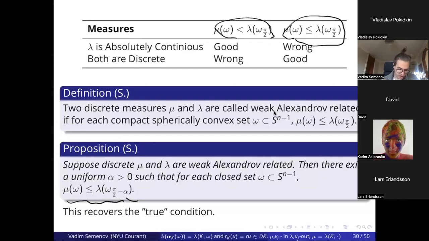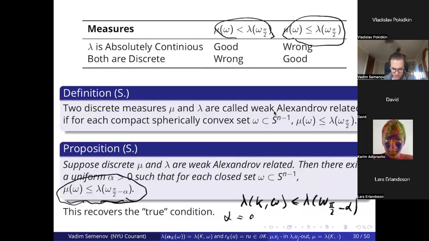And essentially, this is the truest condition of all. So if you are given any lambda, any mu, and any K, then your body will satisfy this one: lambda of omega is at most mu of omega pi over 2 minus alpha, and alpha is going to be some kind of arc cos of r_K.